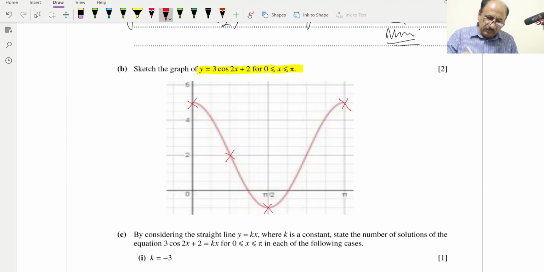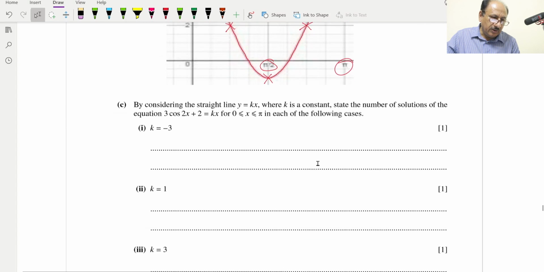We can also check with the calculator, and finally we can draw a smooth curve passing through the points, and this will be the curve they are looking for. Hopefully you understood this. This is pi, this is pi by 2, and this value is 5, so this will be the sketch which is required.